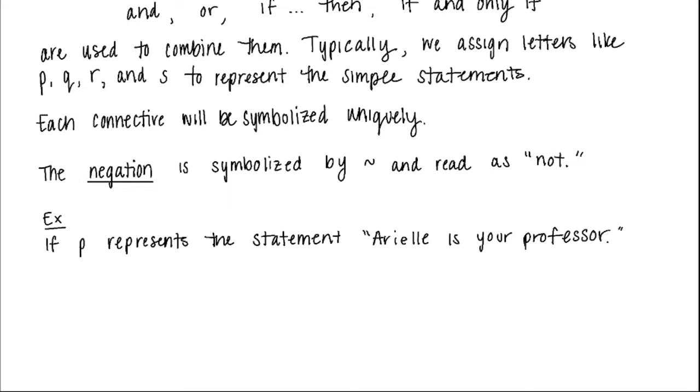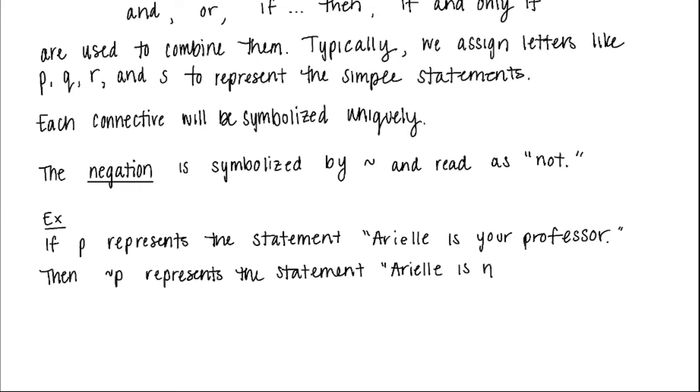It has a truth value to it. Then not P is going to be the negation of this. So this would represent the statement, Ariel is not your professor. Okay. So it gives us a short way to combine everything.